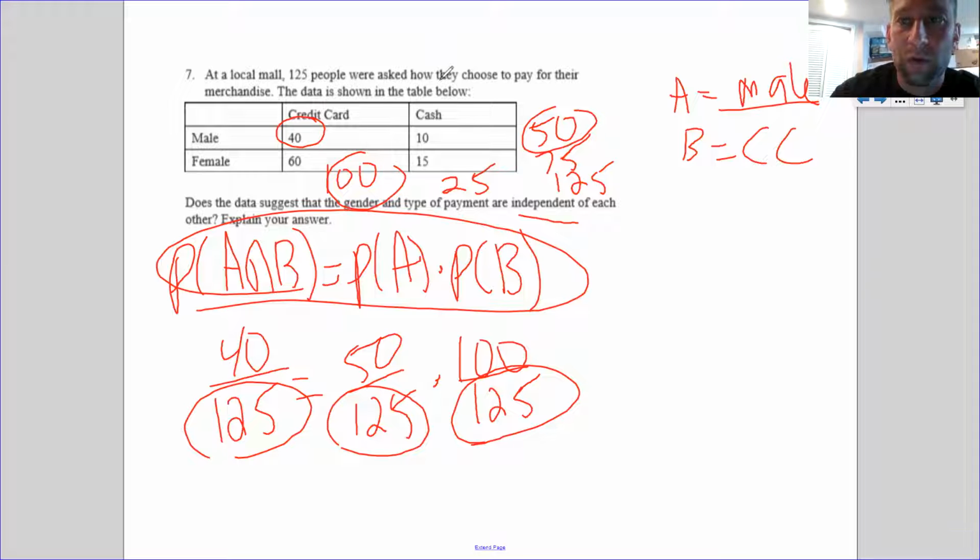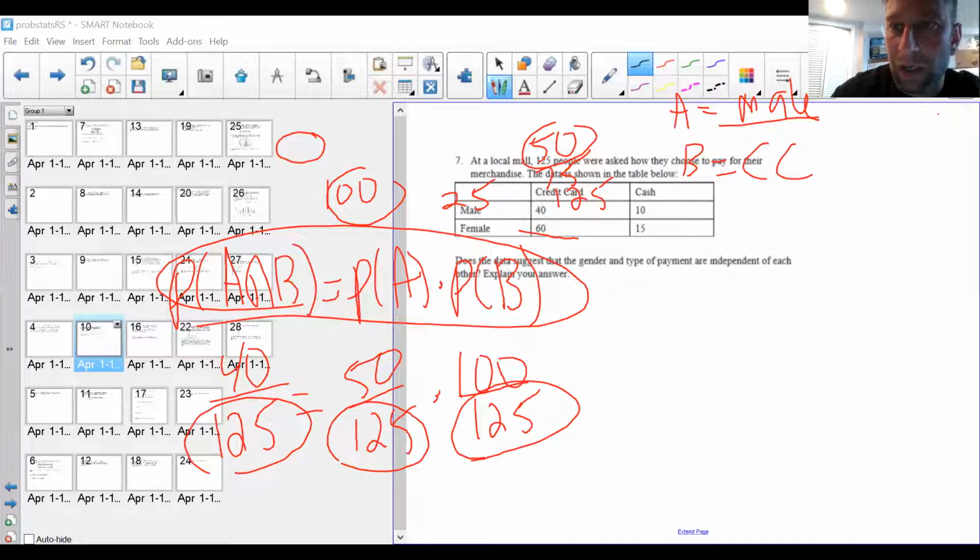So 40 over 125. That's my left-hand side.